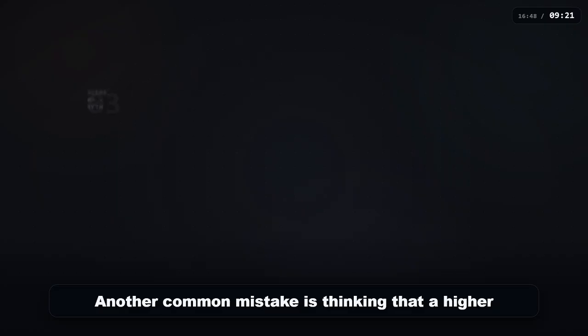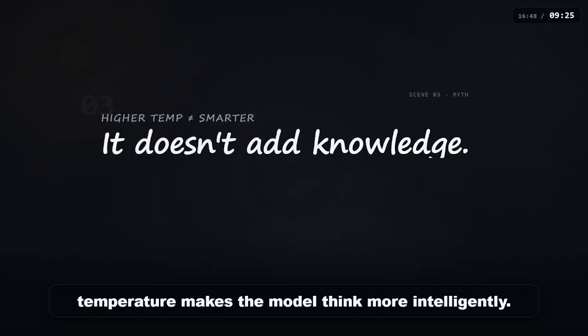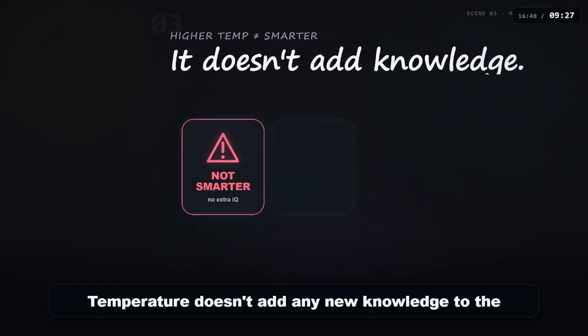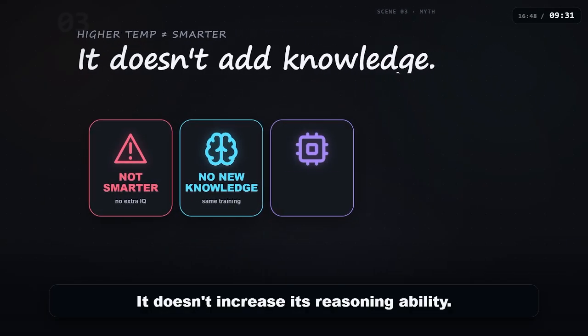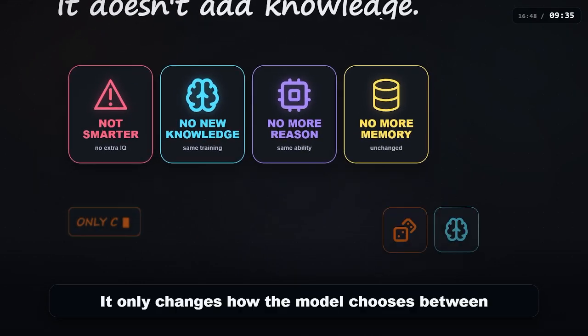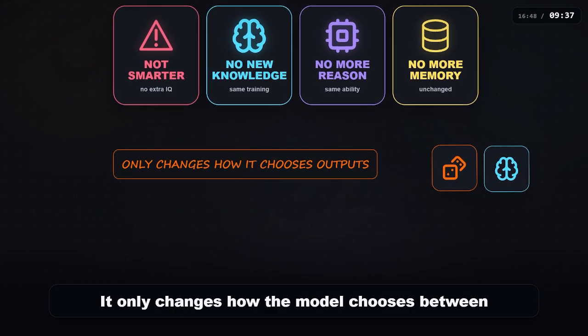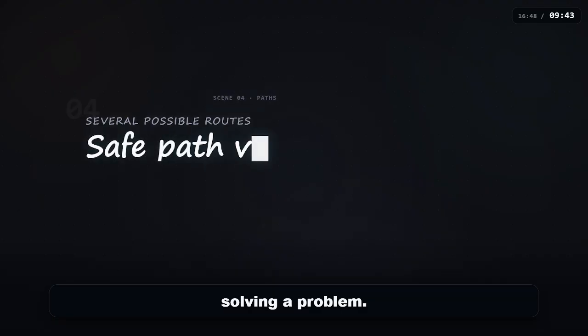Another common mistake is thinking that a higher temperature makes the model think more intelligently. It doesn't. Temperature doesn't add any new knowledge to the model. It doesn't increase its reasoning ability. It doesn't increase its memory. It only changes how the model chooses between different possible outputs. Imagine the model has several possible paths for solving a problem.